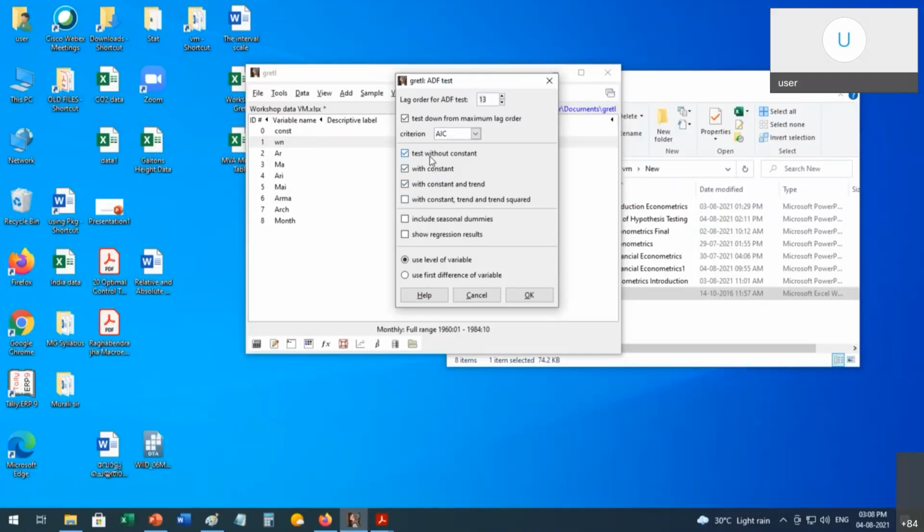So maybe it is better that we test without constant. But remember, when we report it, it is better to report all the three cases. The last one we can just ignore, because that is an innovation by Gretl. There is no statistical idea behind that.